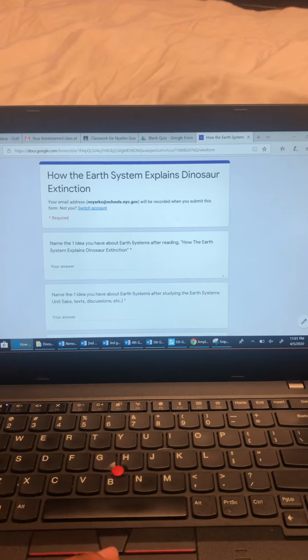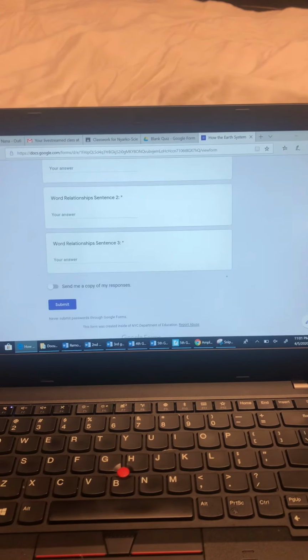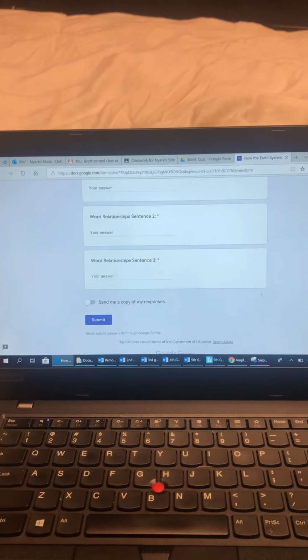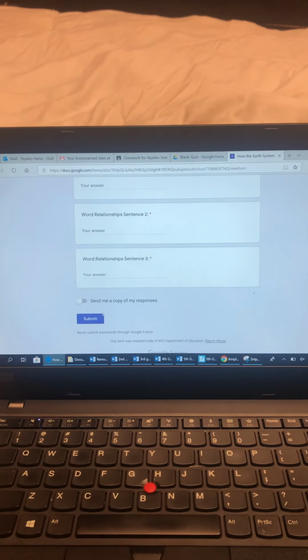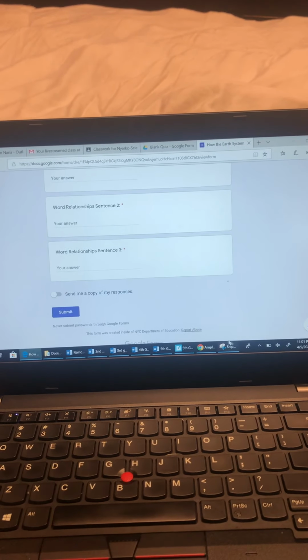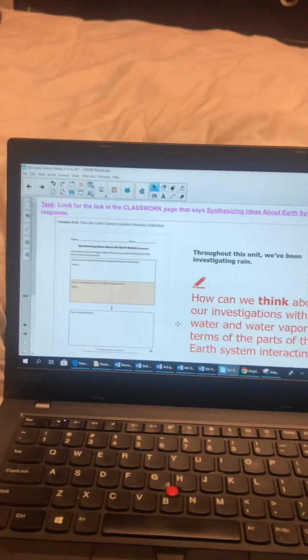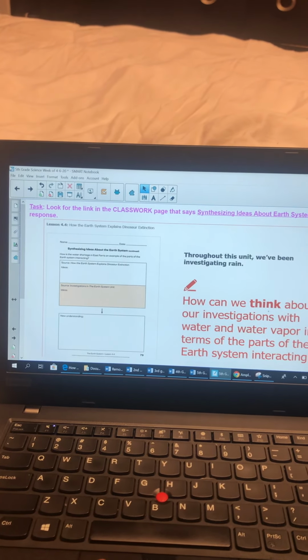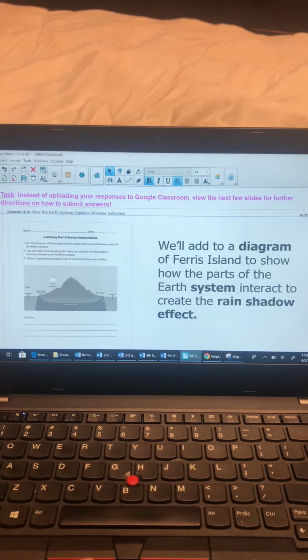You'll type in your responses, and at the bottom, you click submit. You can also have Google Forms send you a copy of the responses so that you have a record that you completed the assignment. Now, once you're done with that, go through the next few slides so that you can continue for the rest of the assignments.